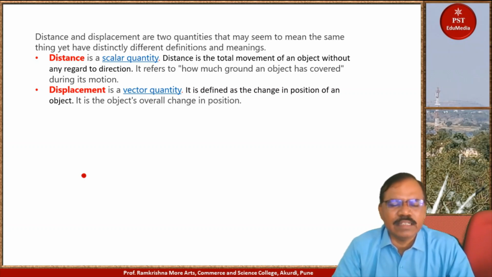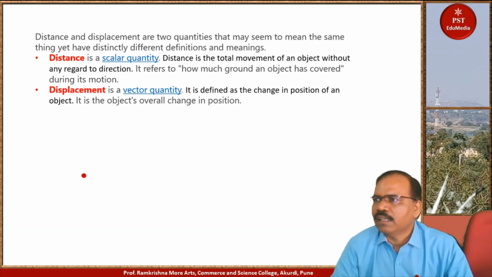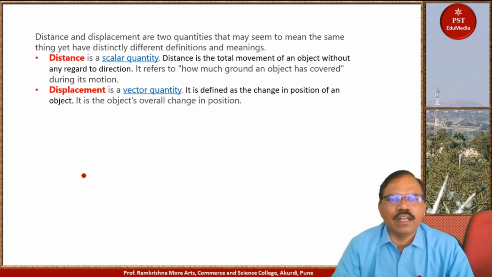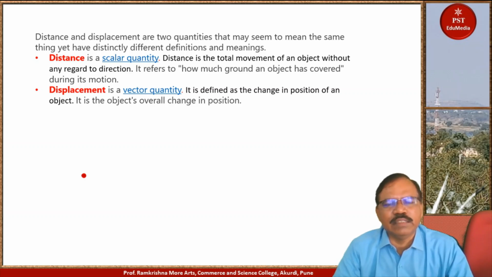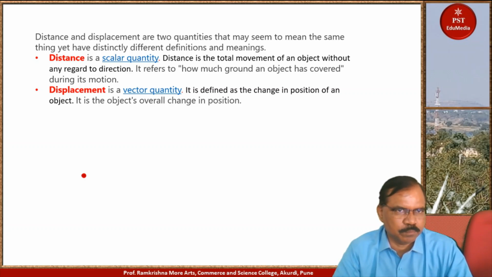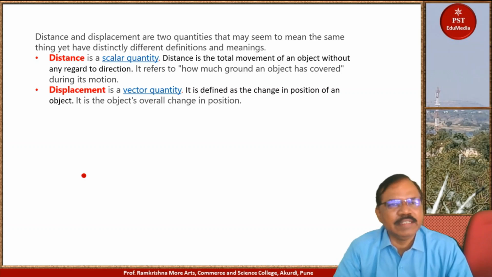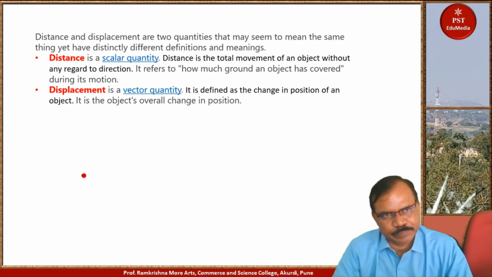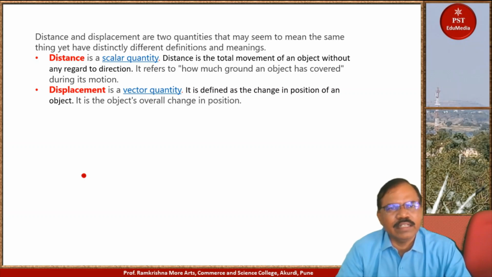And displacement is a vector quantity. It is defined as the change in position of an object. It is the object's overall change in position. So that is the difference between distance and displacement. Distance is a scalar quantity, displacement is a vector quantity.